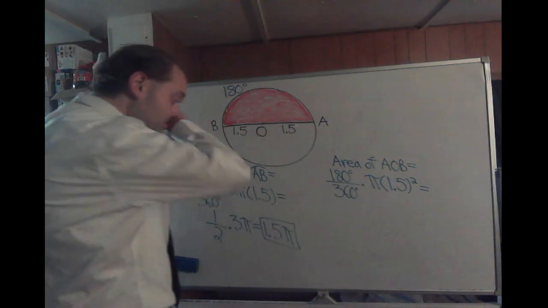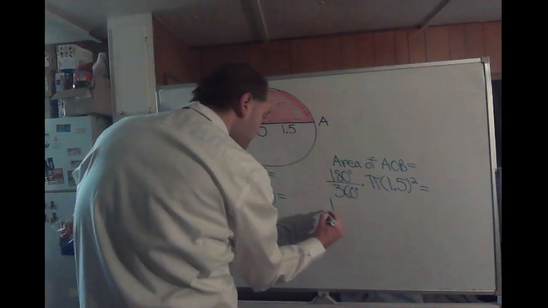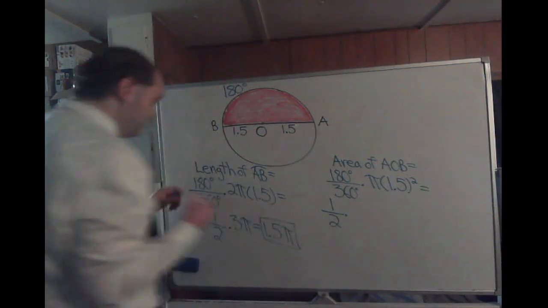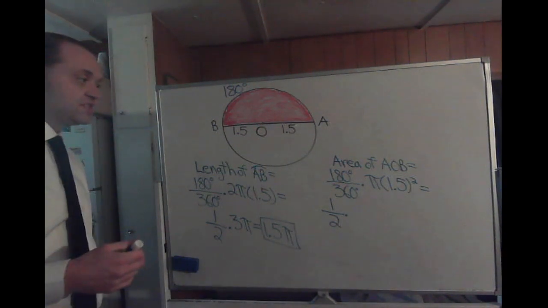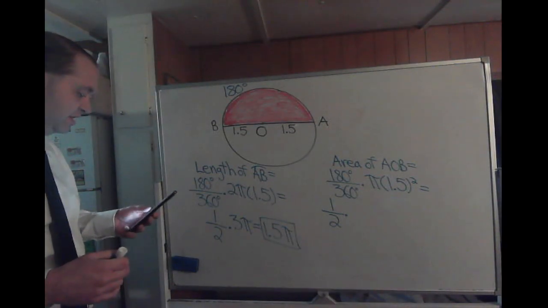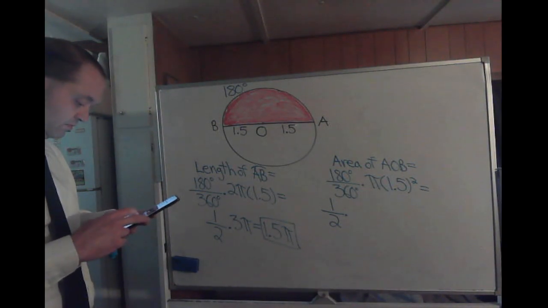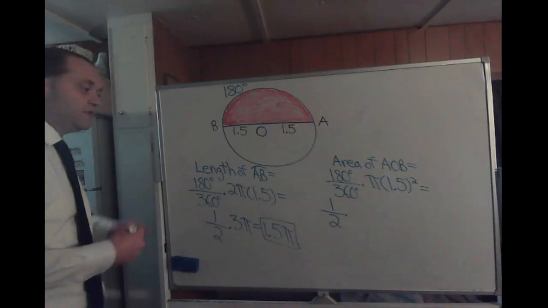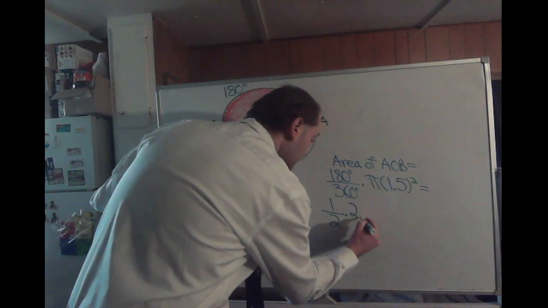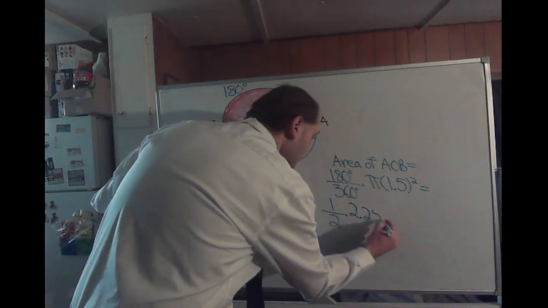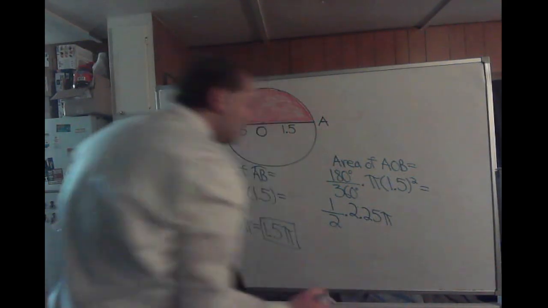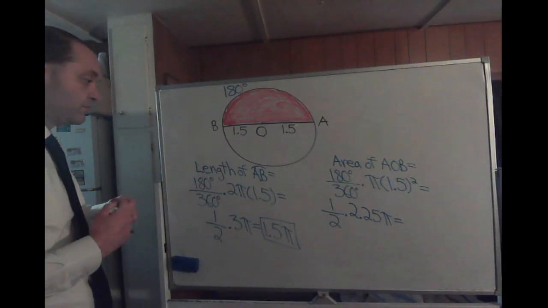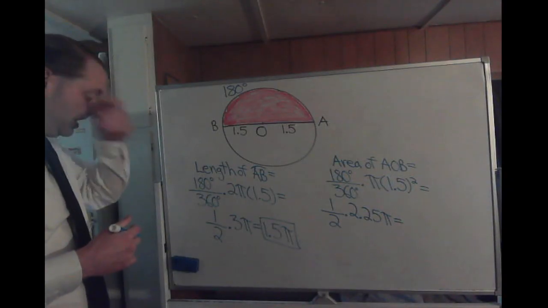Which then, this of course would turn into 1/2 times, of course, now you have to take 1.5 to the second power. I believe that's 2.25, but let me just double check that. Yep, that'd be 2.25 pi. Now, of course, we can simplify this a little bit. We can actually get rid of the decimal.